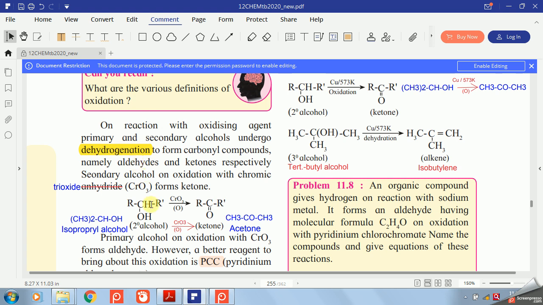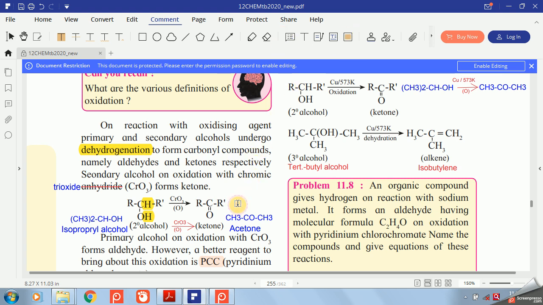If we remove hydrogen from your alcohol, the hydrogen from the carbon having OH, that is the alpha carbon, and the hydrogen from the OH group get removed. They are removed with this oxygen, and it gives H2O as a byproduct.